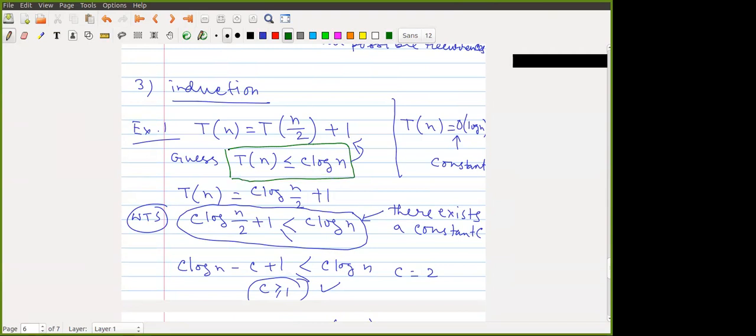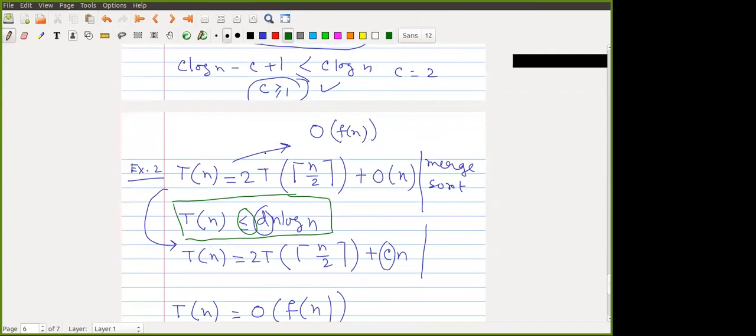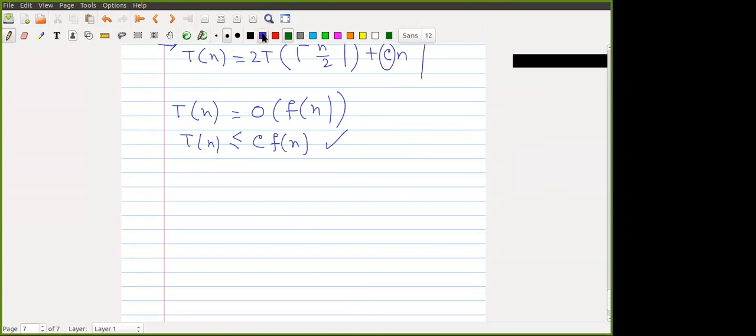Now, if we want to prove that T of n is omega of f of n, we have to prove it is greater than or equal to some c2 times f of n.